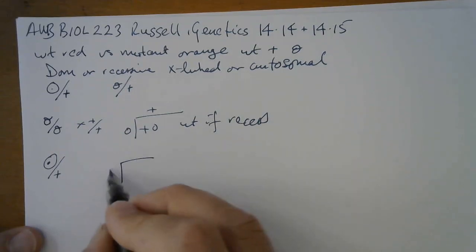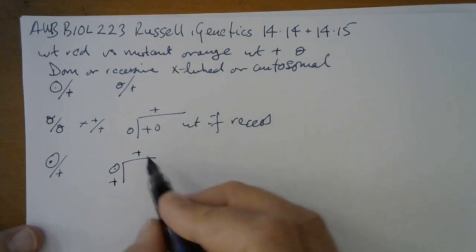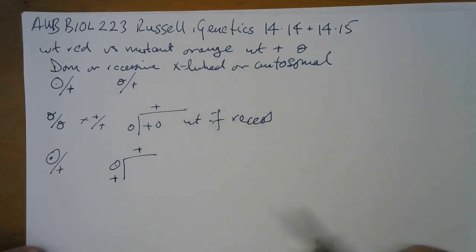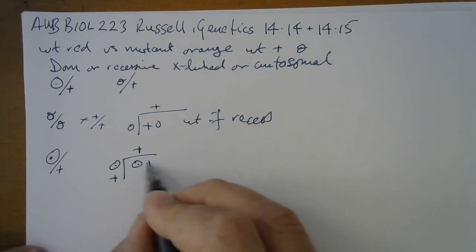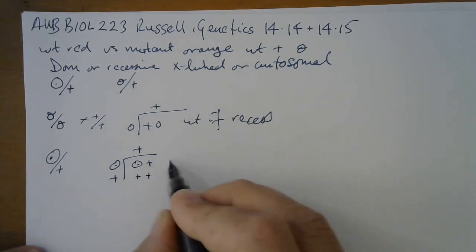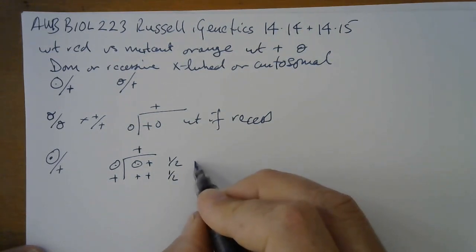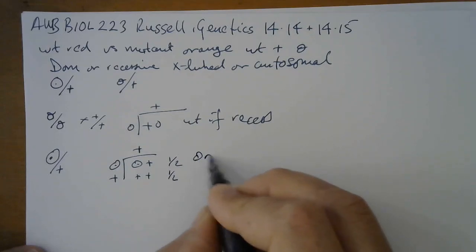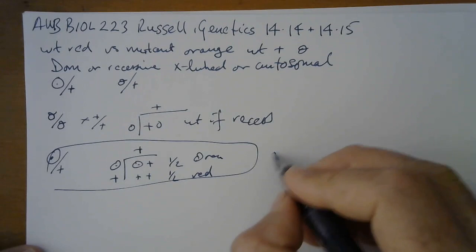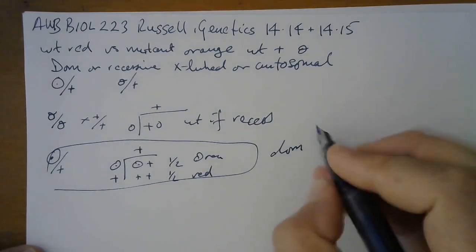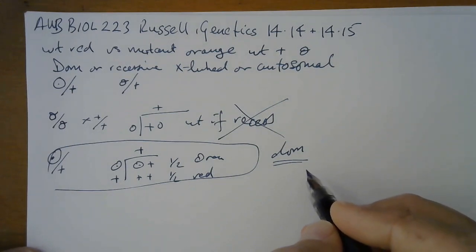So she produces two gametes, and the male would be wild type, presumably, because that's most common, and we would see half of the offspring orange and half red. So I think we've ruled out recessive and concluded that the orange eyes are dominant.